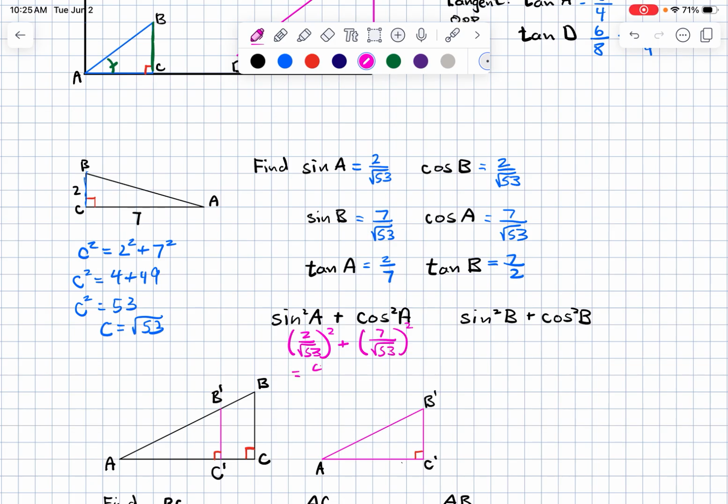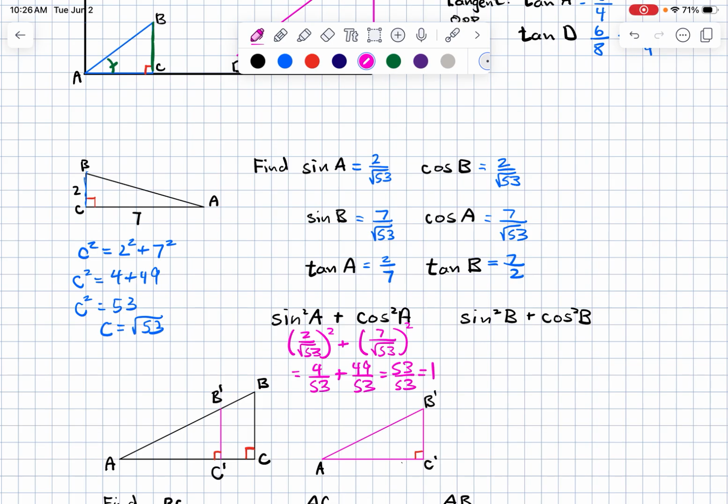I get 4 over 53 plus 49 over 53. Those have the same denominators, so I'll get 53 over 53. I can just add those, and I get 1.